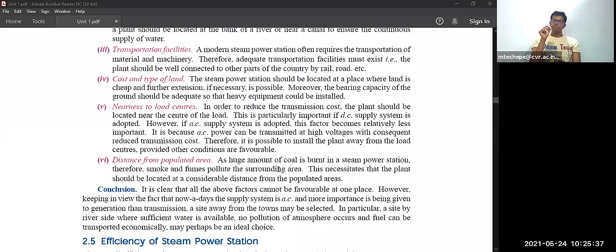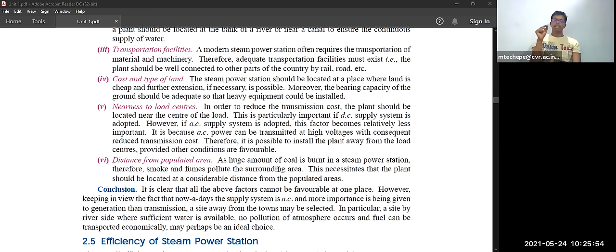If you are staying near that area, even your clothes get small dots, like small coal ashes.